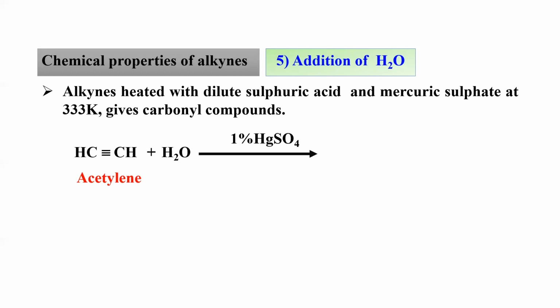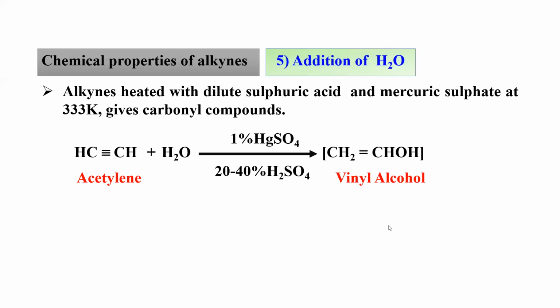We use mercuric sulfate and dilute sulfuric acid, which is nothing but aqueous sulfuric acid, to give us first an alcohol. Here, OH will add to one of the carbon atoms, hydrogen will add to the other, giving us vinyl alcohol, which is unstable.